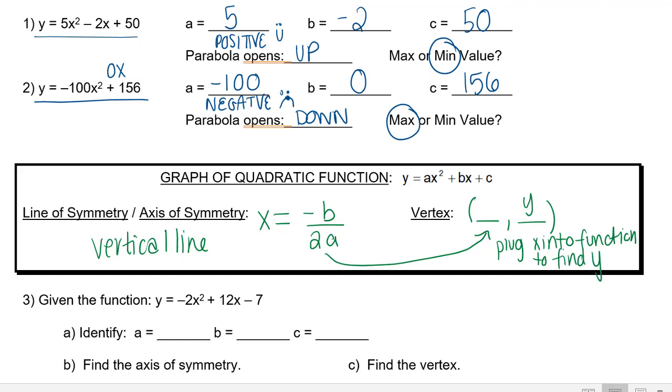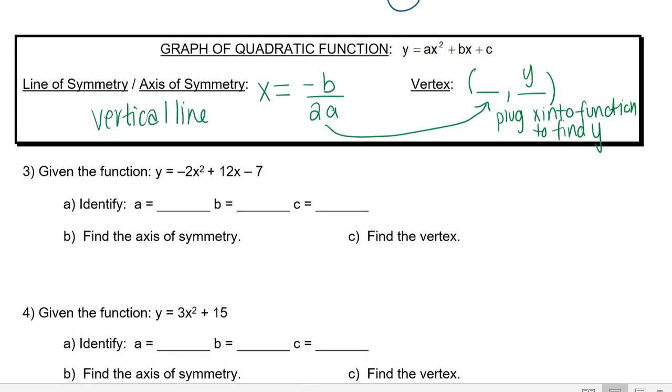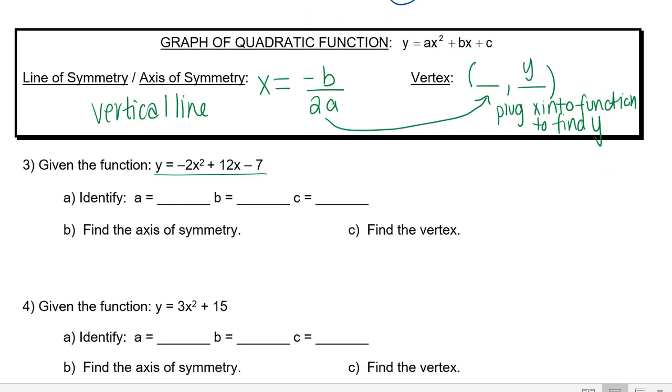All right, so let's apply that formula, identify that axis of symmetry, vertex, and then maybe even if that parabola is opening up or down. Looking at this first function, we have this lovely standard form. Let's take out that a, b, and c value. A is what's in front of the x squared, b is what's in front of the x, and c is that constant. Again, that axis of symmetry formula is x equals the opposite of b over 2a.